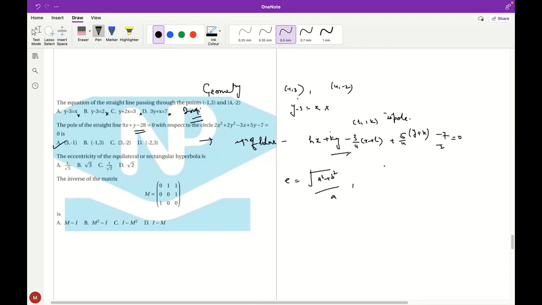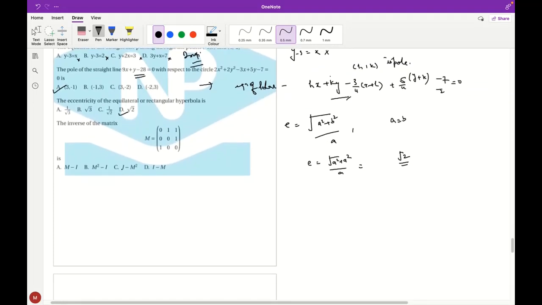But in an equilateral hyperbola, a equals b, so e equals under root a square plus a square upon a, which is equal to root 2. So option D is correct. Now the next question is from linear algebra.